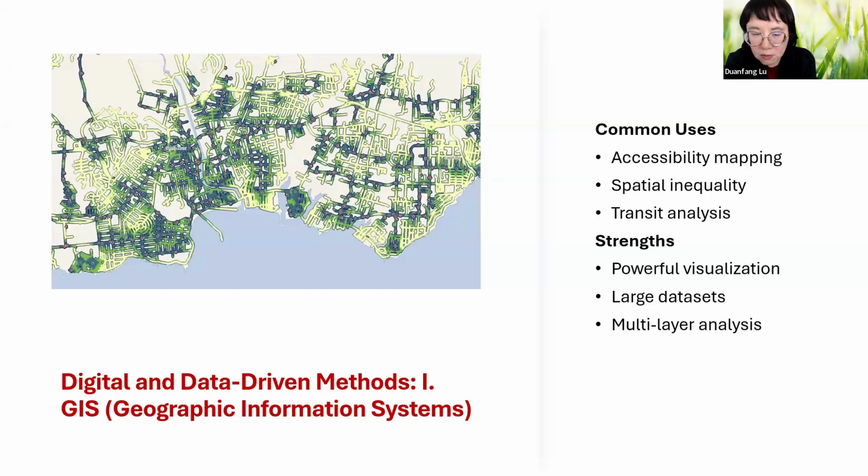So you can use mapping produced through GIS data to analyze spatial inequality. And you can also have powerful visualization that can justify your design proposition to both the local government and the local community.